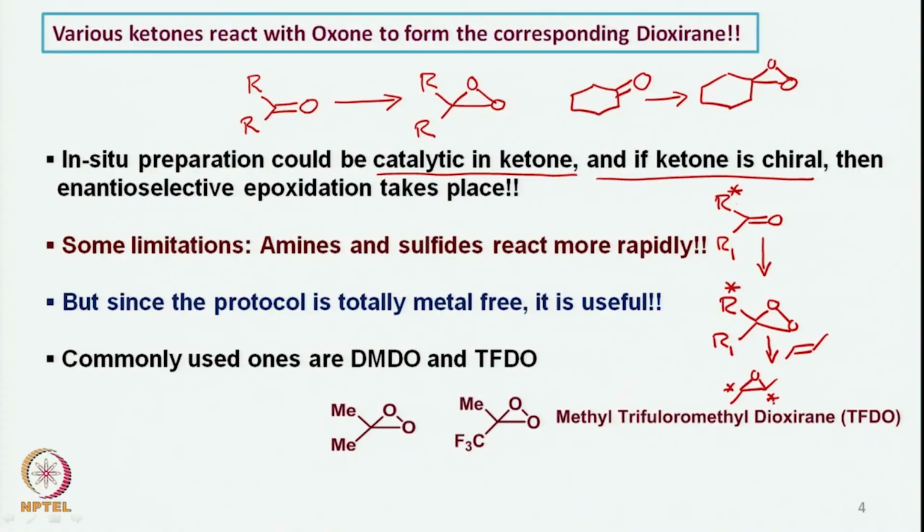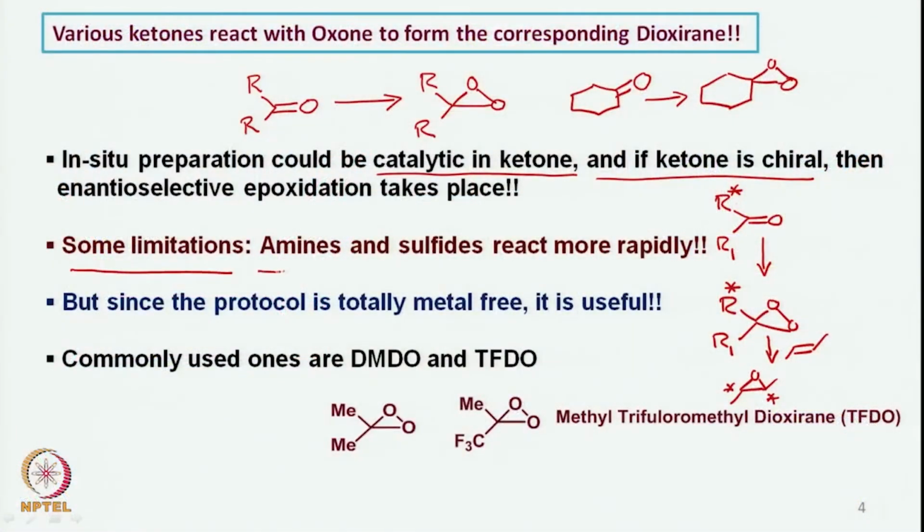Now this particular dimethyl dioxirane, or any dioxirane, is very reactive because it is a 3-membered ring with 2 oxygens, and therefore a very strained ring, and it transfers the oxygen very readily.